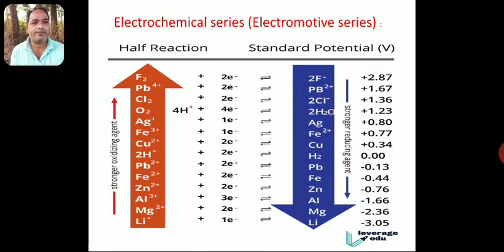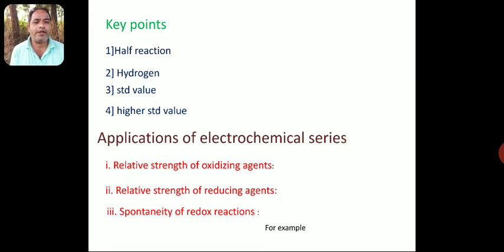In the next slide, key points of the electrochemical series. The first one is half reaction: this electrochemical series is arranged by using half reactions, which may be reduction half reactions or oxidation half reactions. The second key point is hydrogen: the hydrogen element is considered the standard one, which is why its value is given as 0.00 volt.